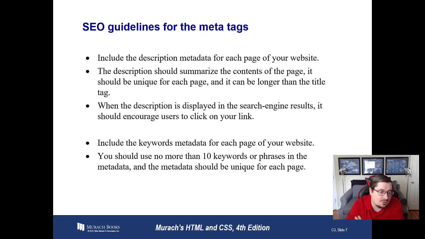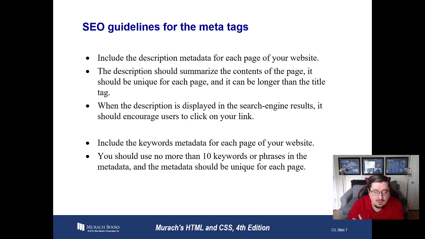In general, the description should really encourage users to click on it. It should explain what's on the page in such a way that the user, with just reading that, could decide to click on it, not seeing anything else on your page.